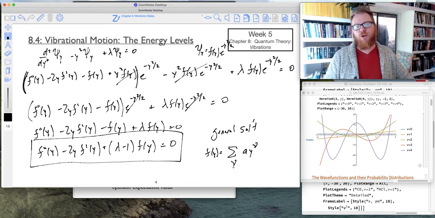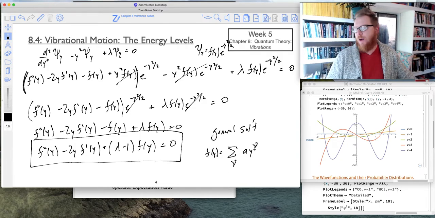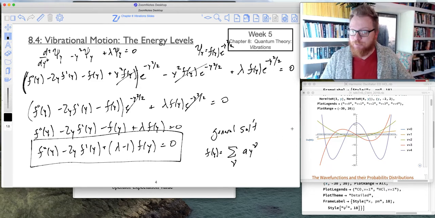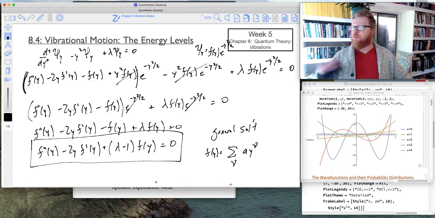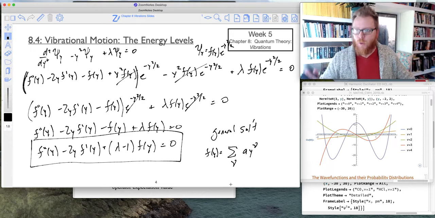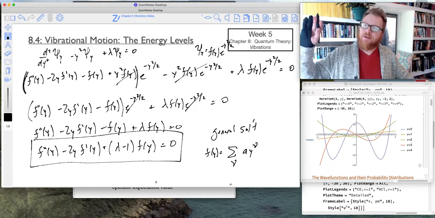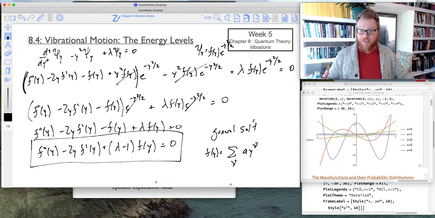For example, if nu is equal to 2, then I would have some polynomial that says a y squared plus a y plus a. Or if nu is equal to 4, I would have y to the 4th power plus y to the 3rd power plus y to the 2nd power, etc. So I would get these polynomials.